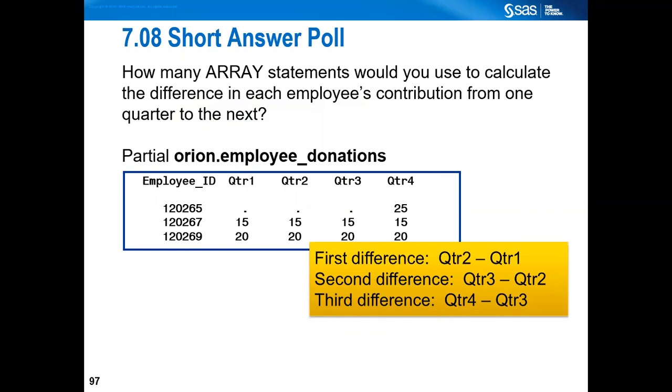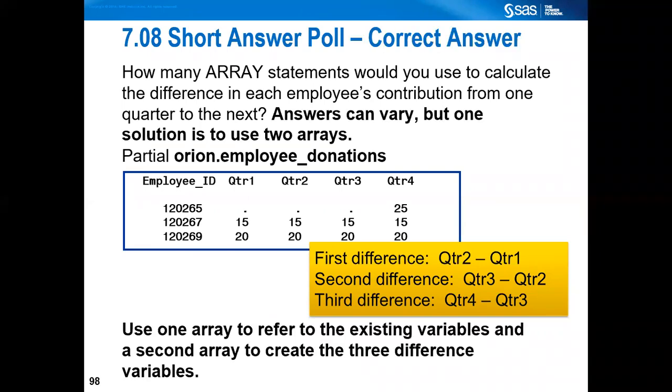If you have a first statement quarter 2 minus quarter 1, quarter 3 minus quarter 2, and quarter 4 minus quarter 3, how many statements will you be writing here now? One. One statement. Okay. Because array is for that only, na? Absolutely, one we can create. Correct. So we'll create that array.